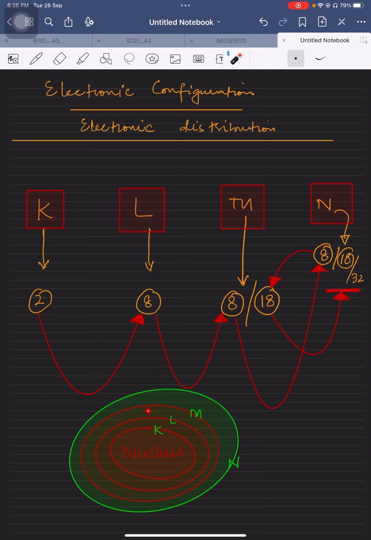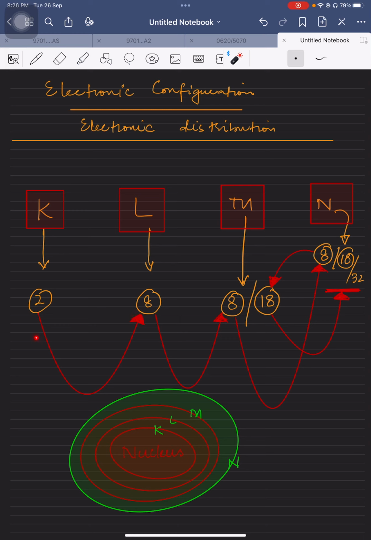If there are 2 electrons, or 6 or 7 electrons, we can say that the L shell is in the process of filling. But if there are 8 electrons in the L shell, we can say that the L shell is completely filled.